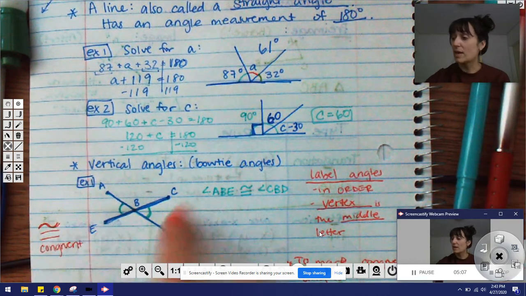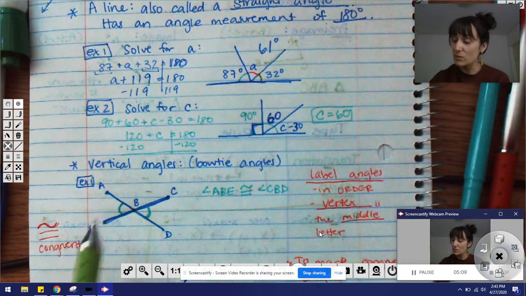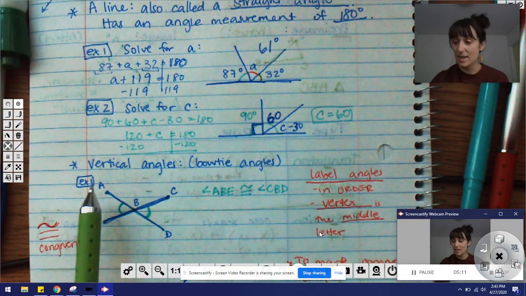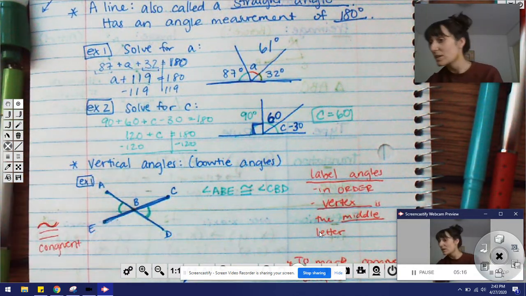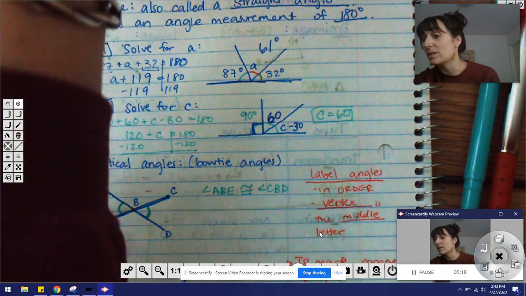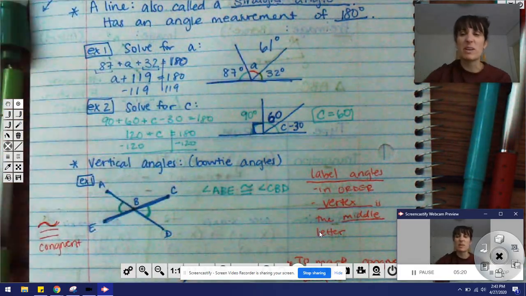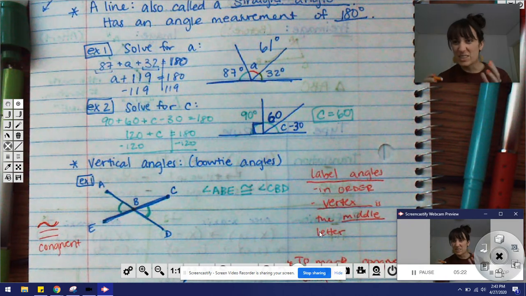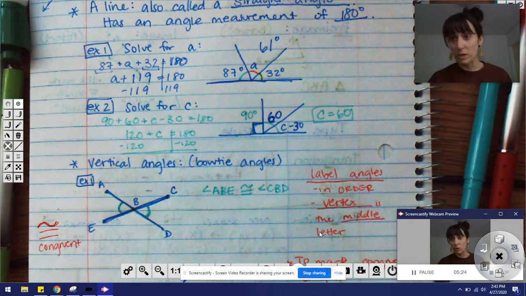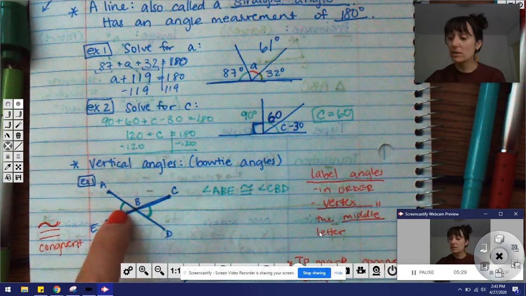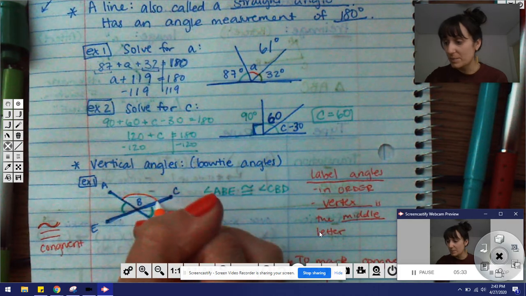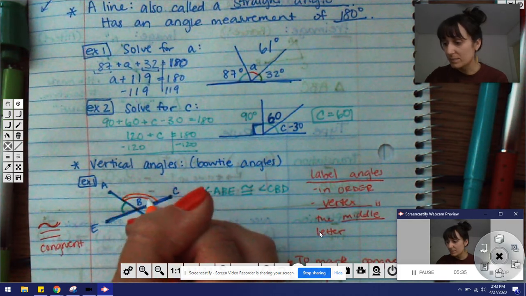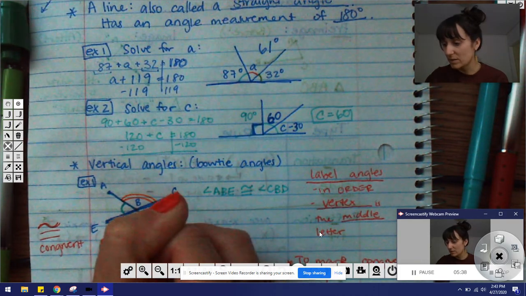In this vertical angle pair, we have one bow tie pair right here, this ABE and CBD. We actually have another pair involved here as well. So this is a situation where you might want to have different colors out. Geometry is hard to see things sometimes, so I find that the more I color code, the more I really get out of my answers here. So I know that there's this bow tie pair. Do you guys kind of see the bow tie there? There's also going to be this bow tie pair.